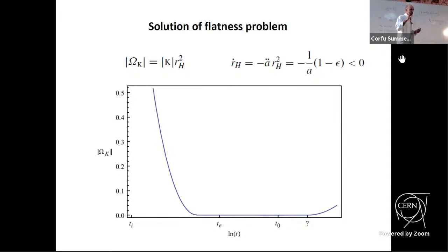If it grows in time, and we don't have acceleration, and we already know that nowadays this omega k is negligible, it was even more negligible at early times if it always grows. Okay. But if we have a phase of acceleration, then the problem is solved. Why? Because we can start with an arbitrarily large curvature component, and during inflation, it decreases because here epsilon is less than 1, so R dot is negative.